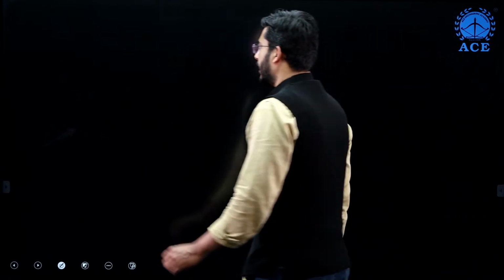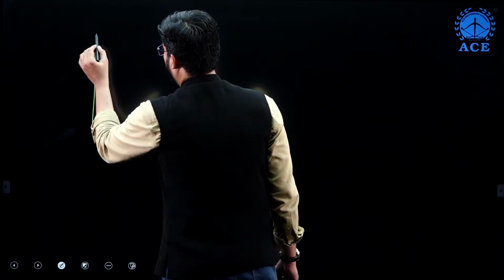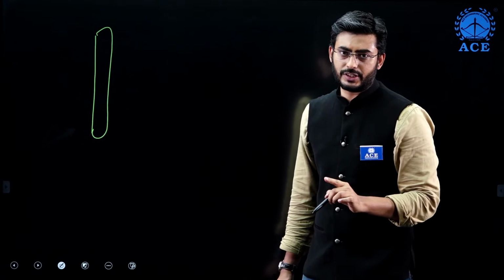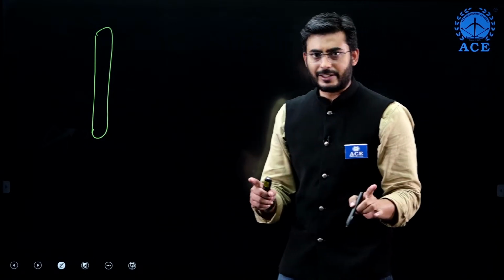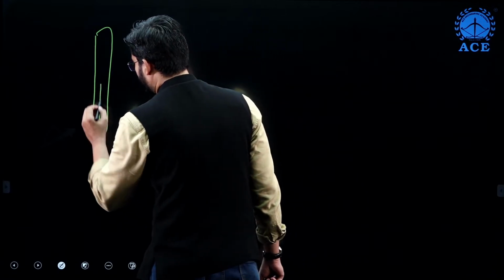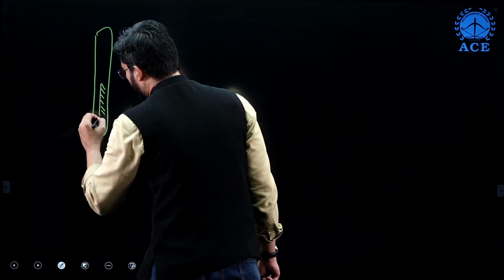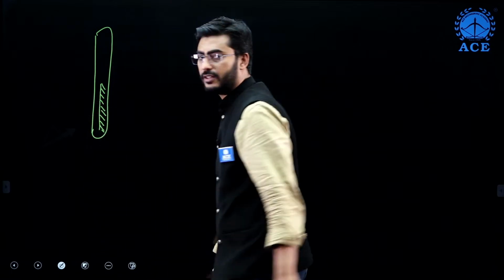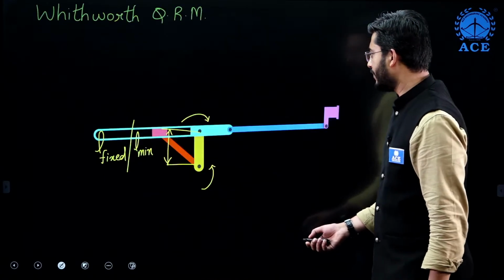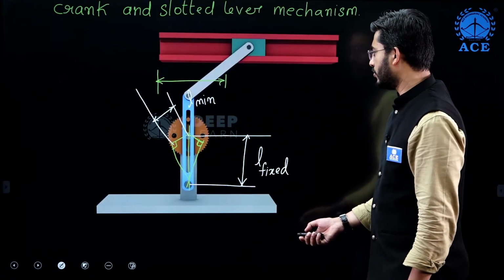So now let me recall that the slotted bar will be attaining the maximum velocity not at the extreme position but when it is vertical. The slotted bar will be attaining maximum velocity when it is vertical. At the extreme position, the velocity of slotted bar will be 0, okay. You can see over here also.